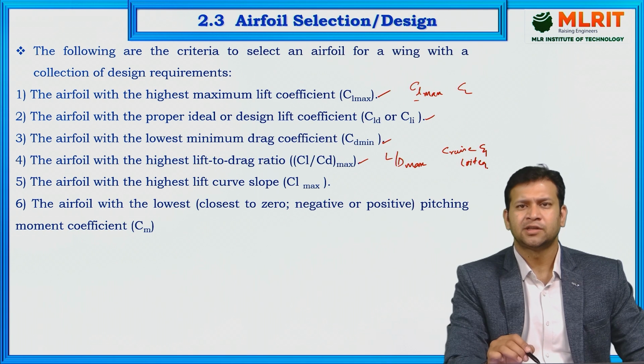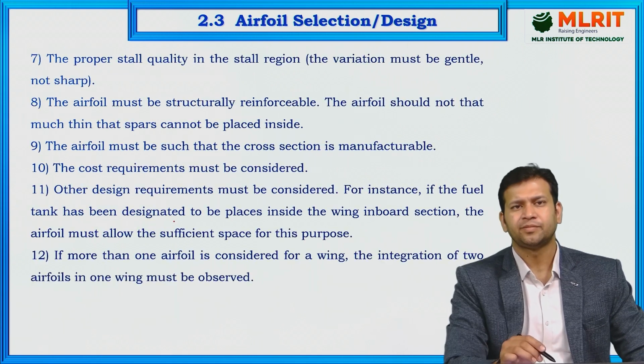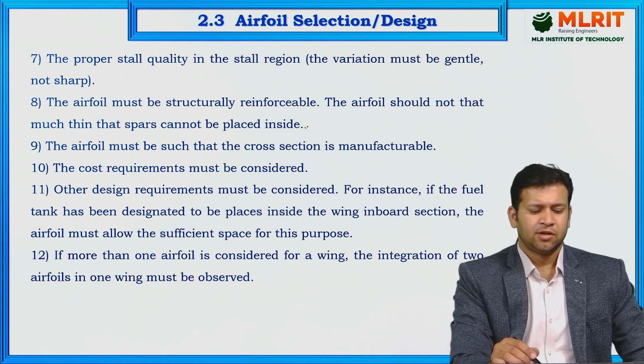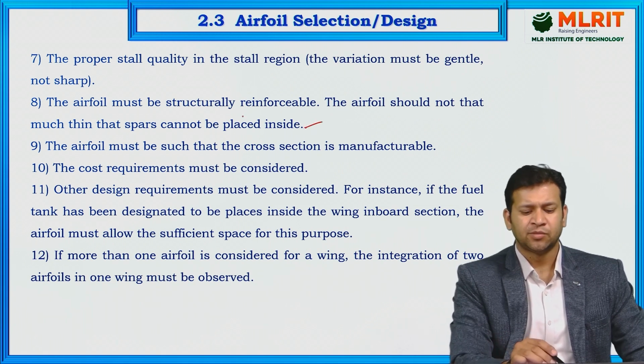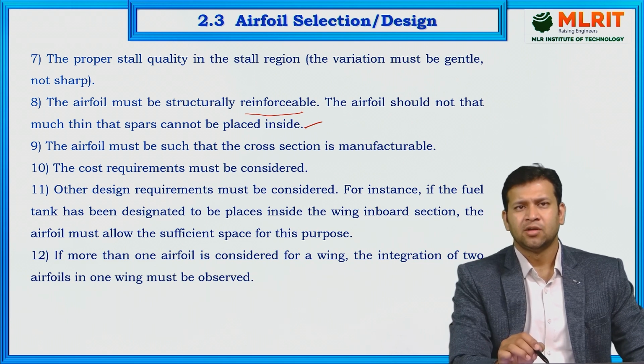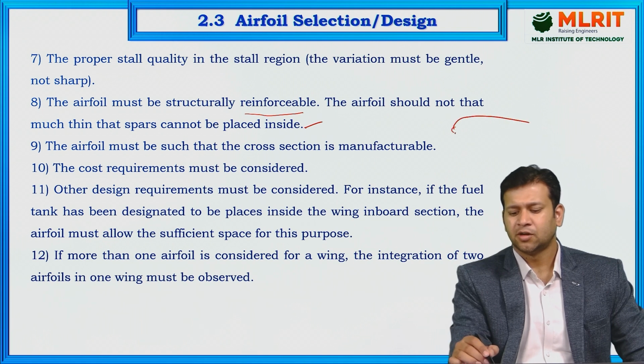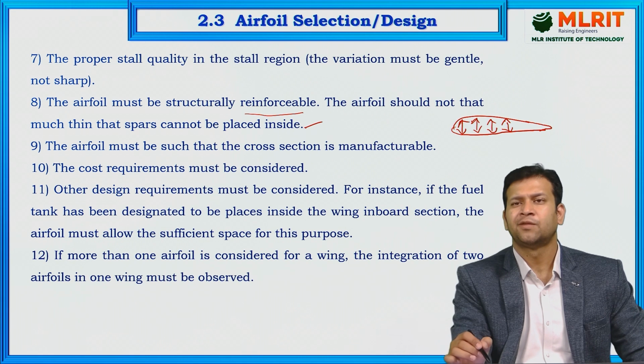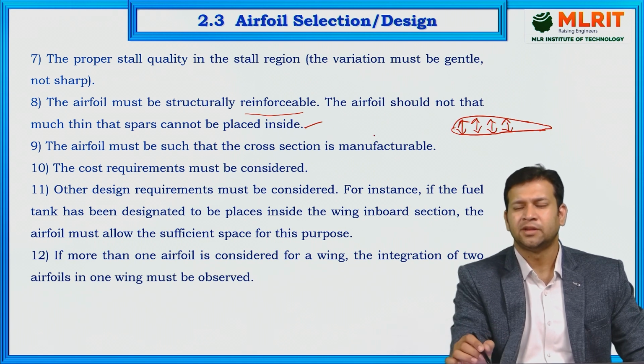The airfoil with the highest lift curve slope, the airfoil with lowest pitching moment coefficient, that is CM, the proper stall quality in the stall region, the airfoil must be structurally reinforceable, and the airfoil should not be so thin that spars cannot be placed inside, because we have to ensure that these airfoil sections are a little bit thick, or there is a proper gap between upper and lower surface such that spars can be installed in that.